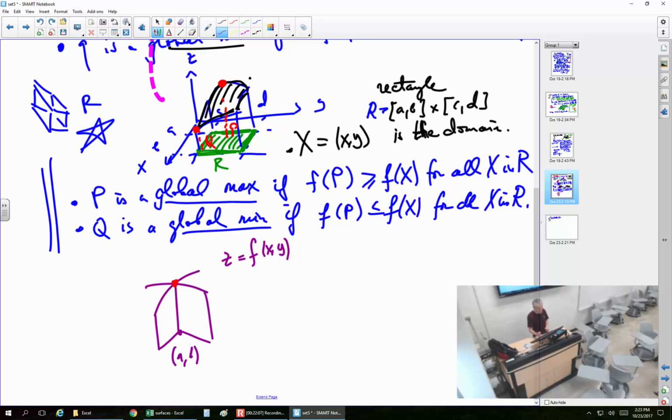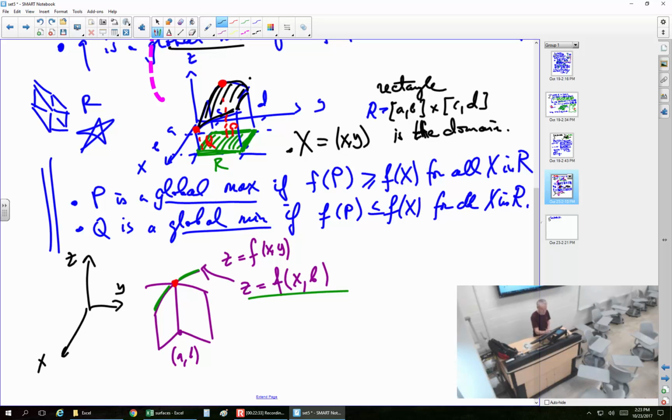Now what we do is we create a new function z equal to f of x, b. If we cut it along the x-axis, the variable is x.